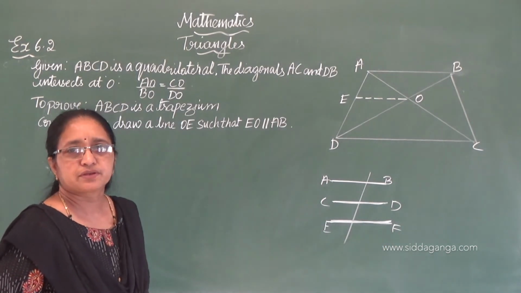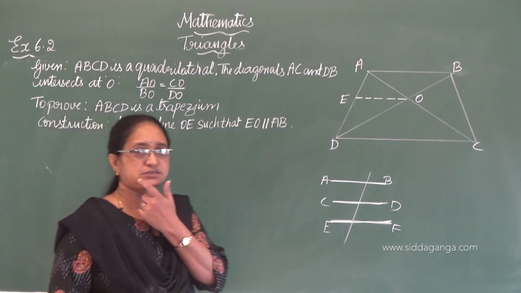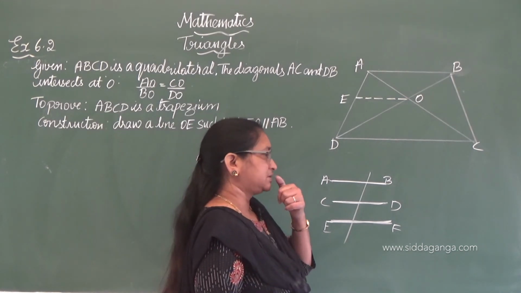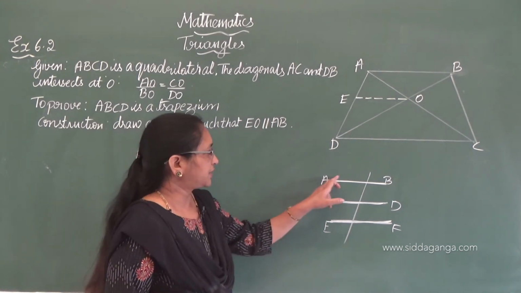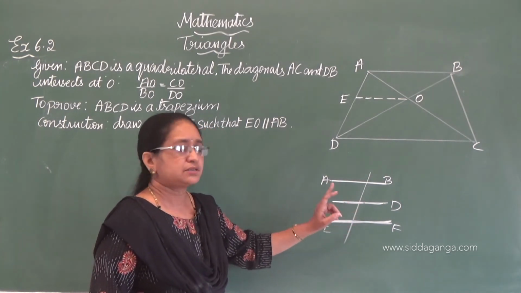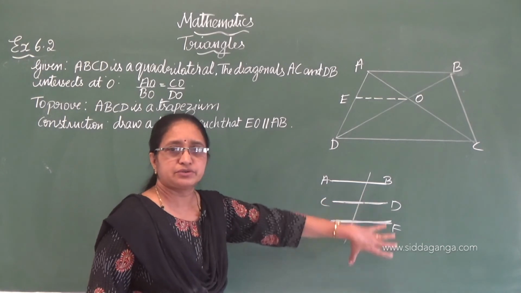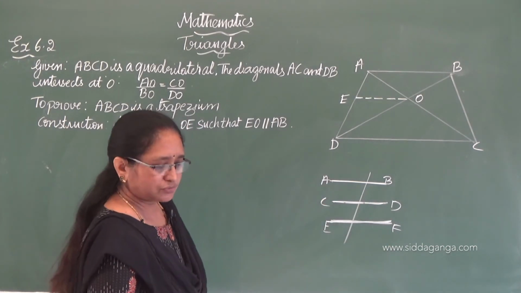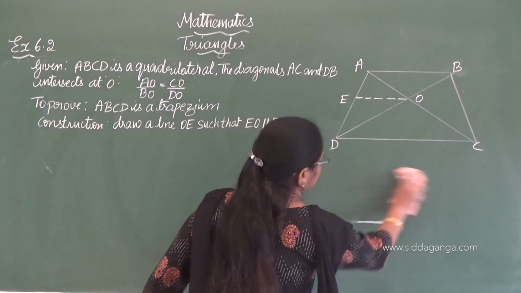Yes or no? By Euclid's geometry in 9th standard you have studied. So, if AB is parallel to CD and EF is parallel to CD, then AB is parallel to EF. Okay. So, with that concept I am going to work now.